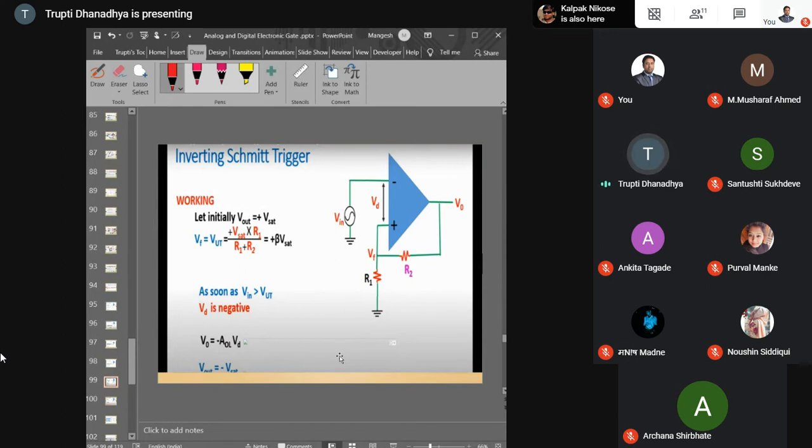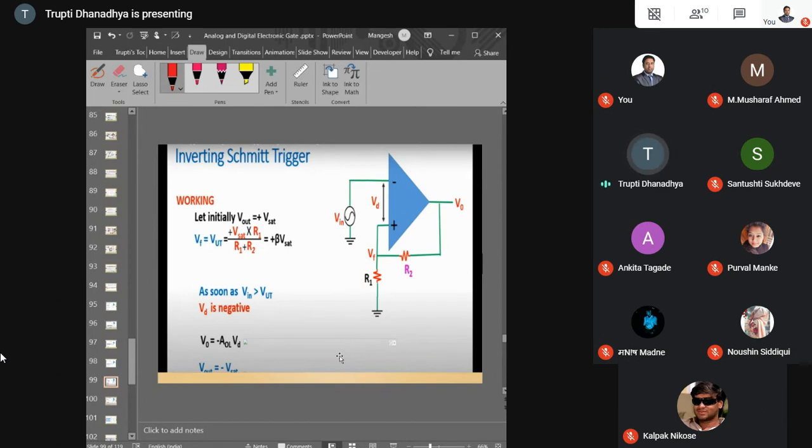As soon as Vin is greater than VUT, the upper threshold voltage, the difference between the input and VD is negative. That's why the equation is like that: V output is equal to minus AOL VD. I have already told you that if Vout is equal to minus V saturation, at that time the lower threshold voltage works.